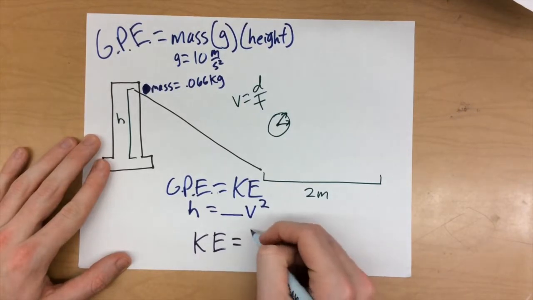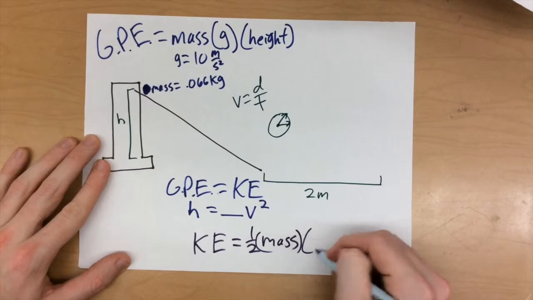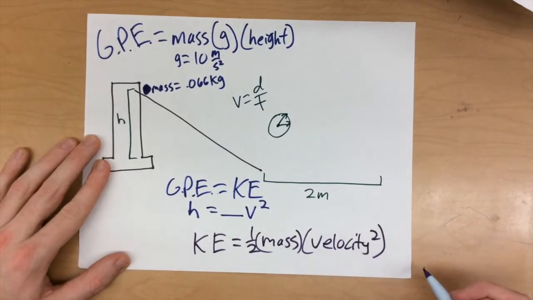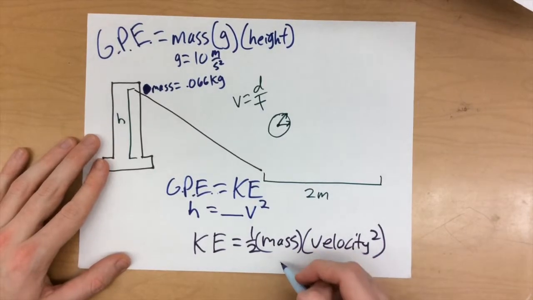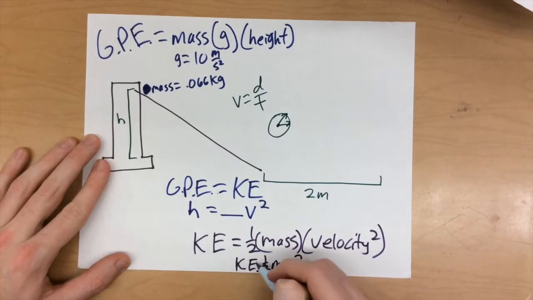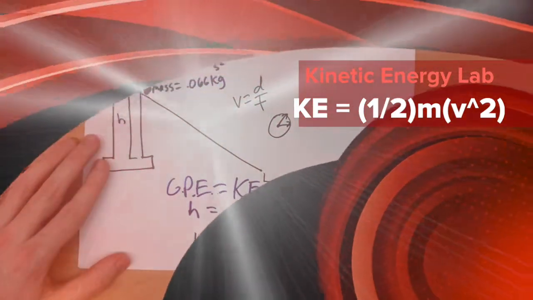And in fact, it's 1/2 times the mass times the velocity squared. In shorthand, KE equals 1/2 mv squared. We'll be using both of these equations, GPE equals mass times g times height, and KE equals 1/2 mv squared, on our tests and other things.